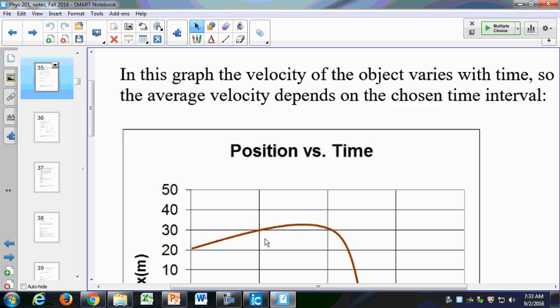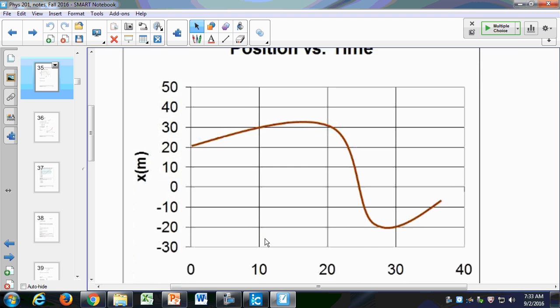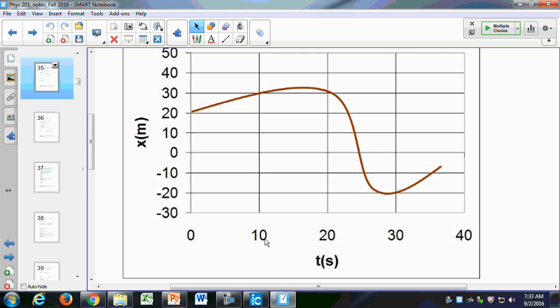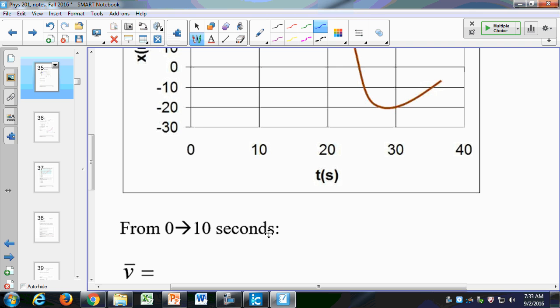All right. So if we have something like this, and you will have a graph on the test that you'll have to analyze in various ways, and we're going to do it quite a bit. Let's say for this graph, I want to know the average velocity from 0 to 10 seconds. So this is my point at 0 seconds. This is my point at 10 seconds. We can think of this as just pulling the data from the graph. Remember, average velocity is delta x over delta t.